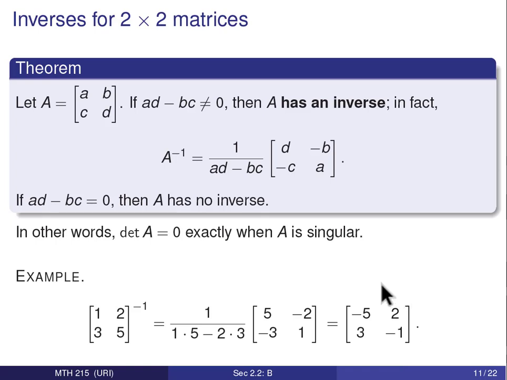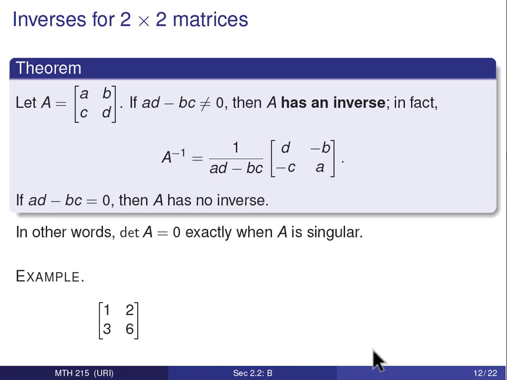And that is what we saw earlier to be the matrix that is the inverse of 1, 2, 3, 5. So the formula works. If we were to take 1, 2, 3, 6, we saw before that this had a determinant equal to 0. And so the theorem tells us that there will be no inverse for that matrix.